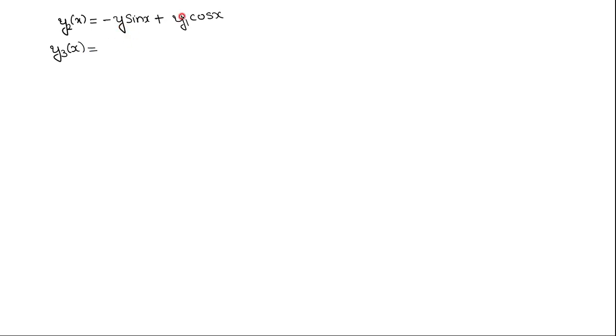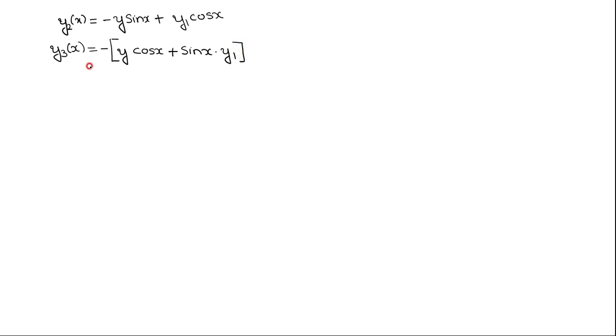We note that for both of these we have to use the product rule. Let me keep the minus sign outside and differentiate y sin x by using the product rule. Y as it is, the derivative of sine is cos of x, plus sin x as it is, the derivative of y is y1.